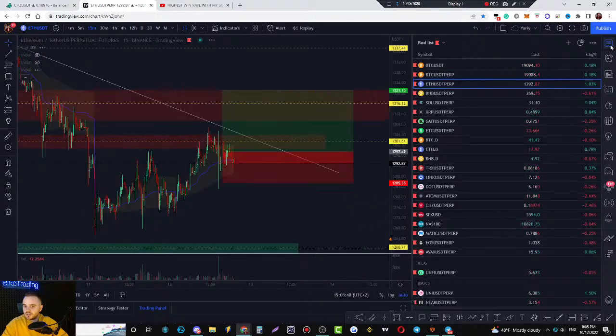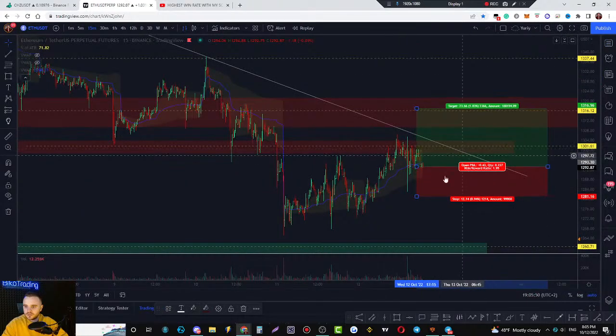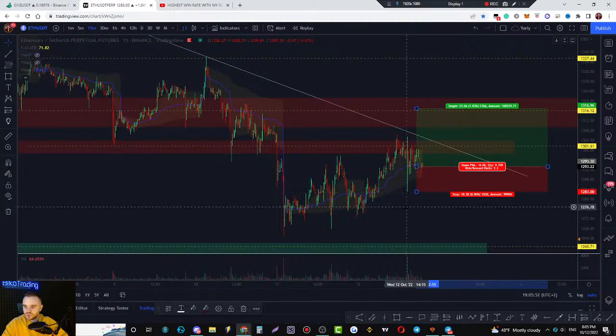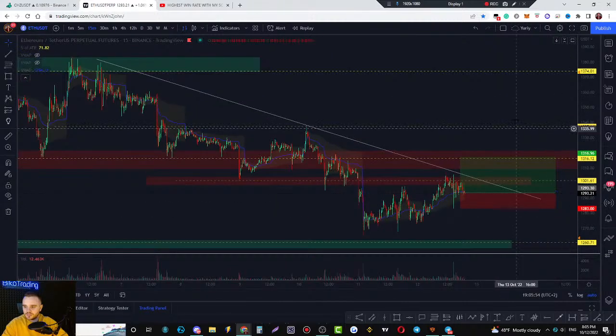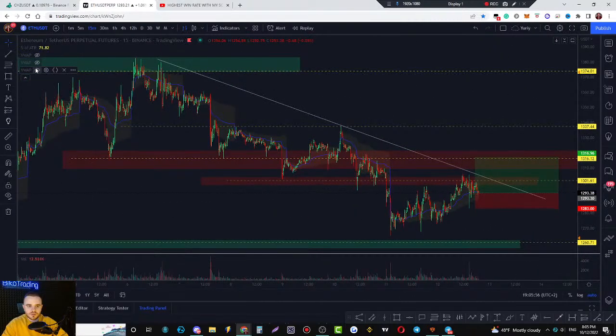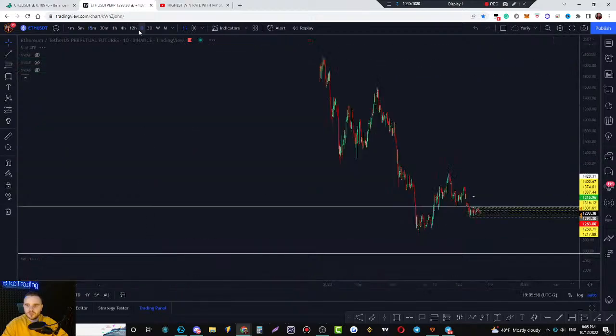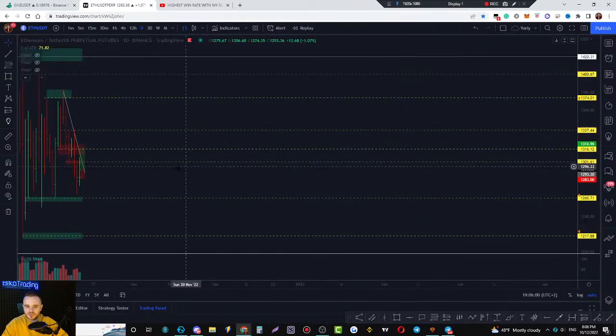Another coin, it is Ethereum. Ethereum is like a swan brother of BTC. What's going on at this moment on Ethereum? Globally, Ethereum, like BTC, is in the middle of this range.